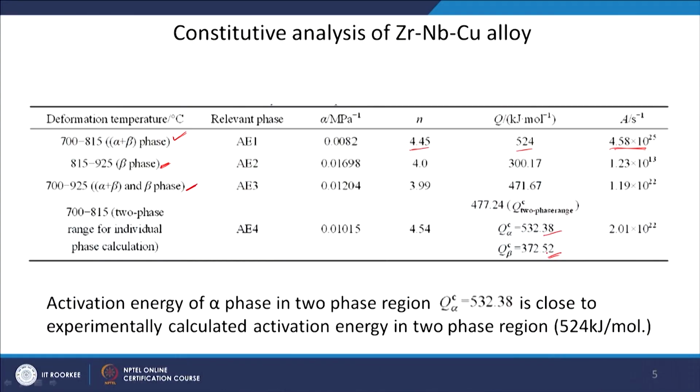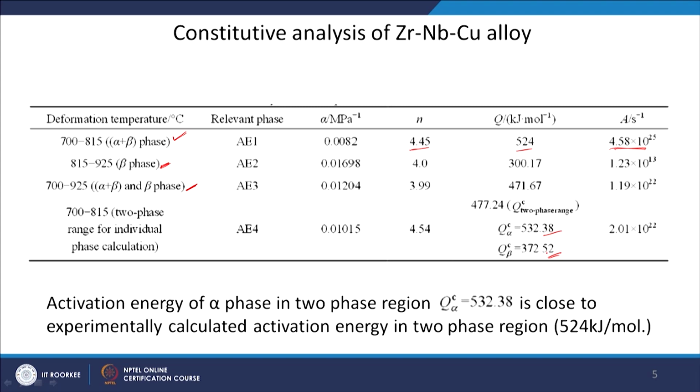So, the two phase region also we tried to divide into two phases, to see how independent phases will behave, and the activation energy for independent phases was calculated. The idea which we used here, I will just tell you in the next slide maybe.